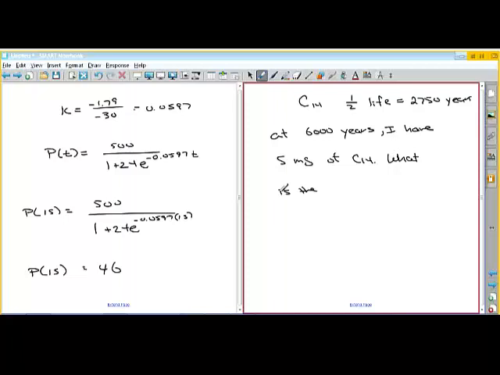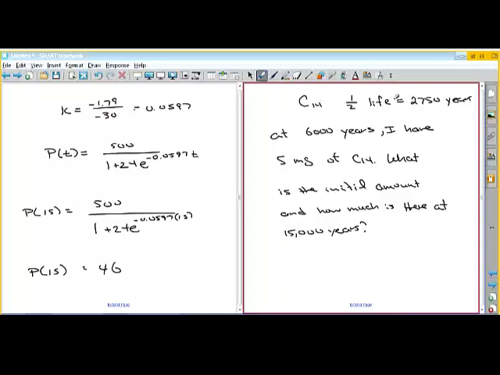What is the initial amount, and how much is there at 15,000 years?